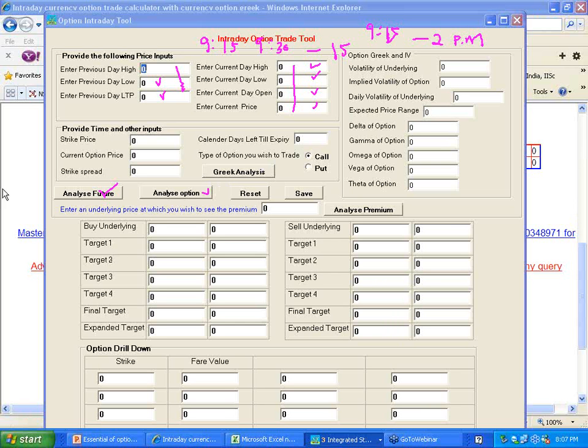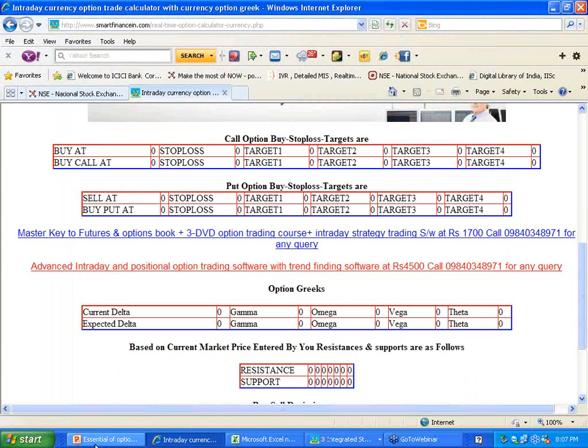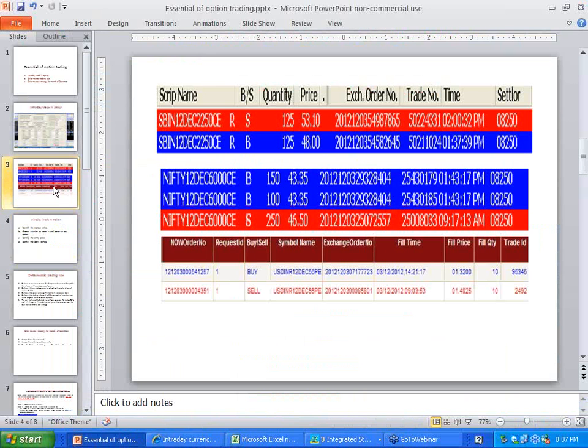I'll demonstrate with one example. Today, I have done 3 trades. My first trade, I sold some 250 quantities of 6,000 call option of Nifty. I covered it at 43.35.